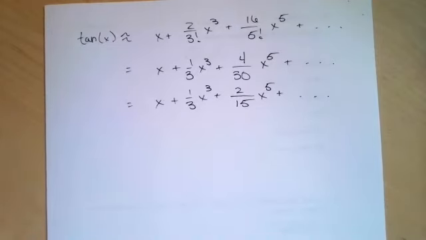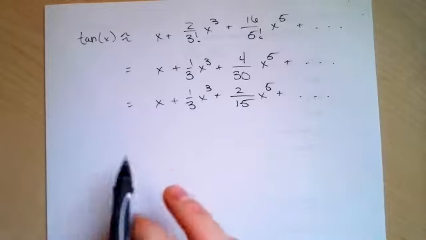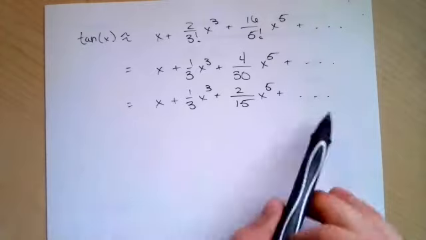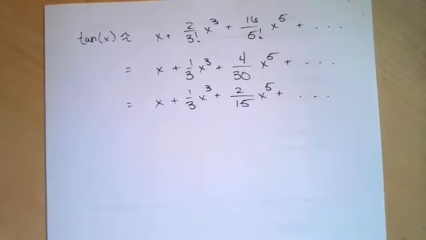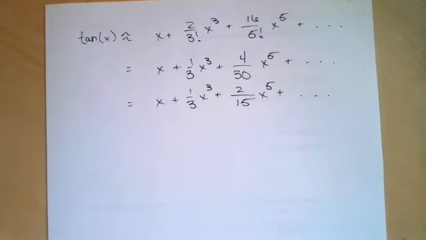So if you want to find the actual Taylor series for tangent of x, go ahead, look it up in the book or look it up online. Pretty easy Google search will probably bring it up. And then try to see if you can match the closed form expression of the coefficients with your work in the division algorithm.